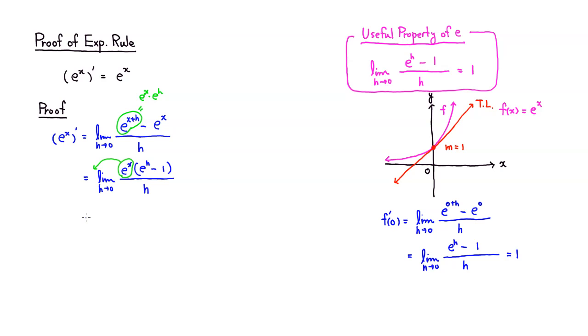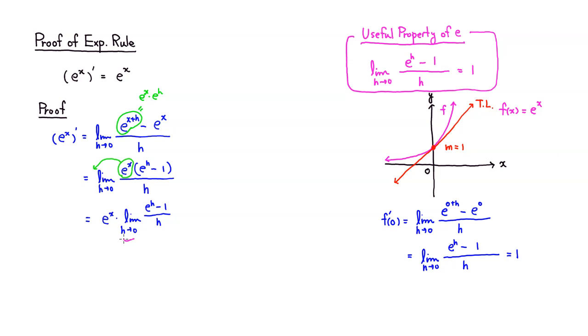We're going to put e to the x outside. Then we just have to worry about evaluating this limit of (e to the h minus 1) over h as h approaches 0.